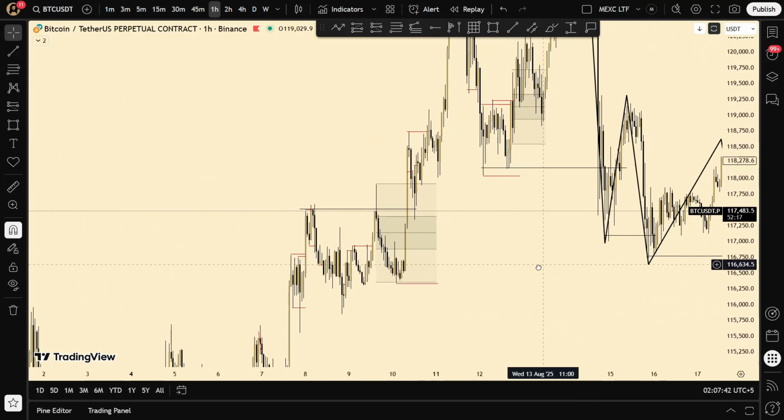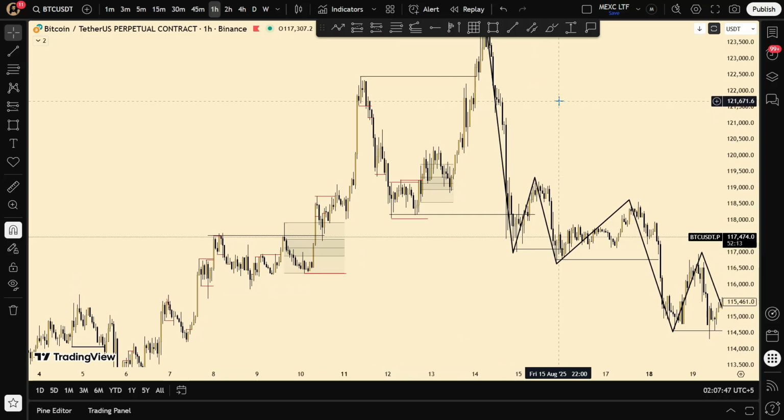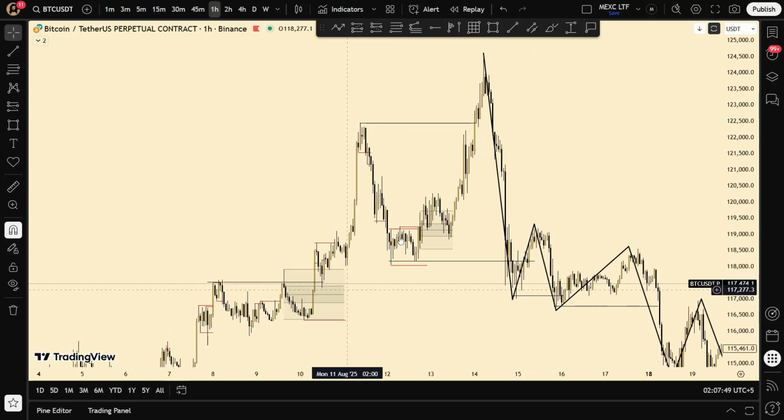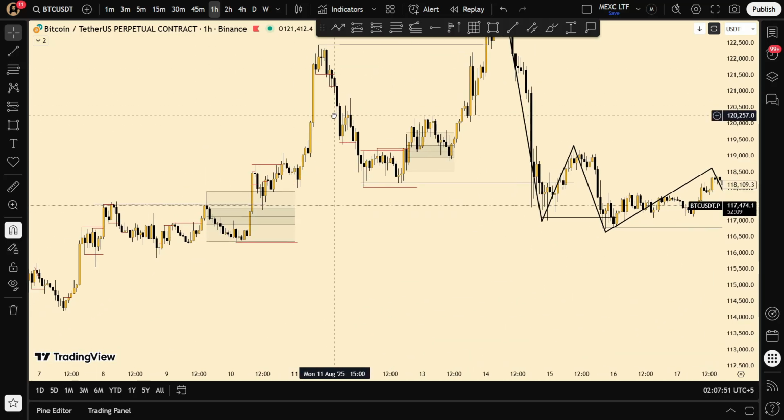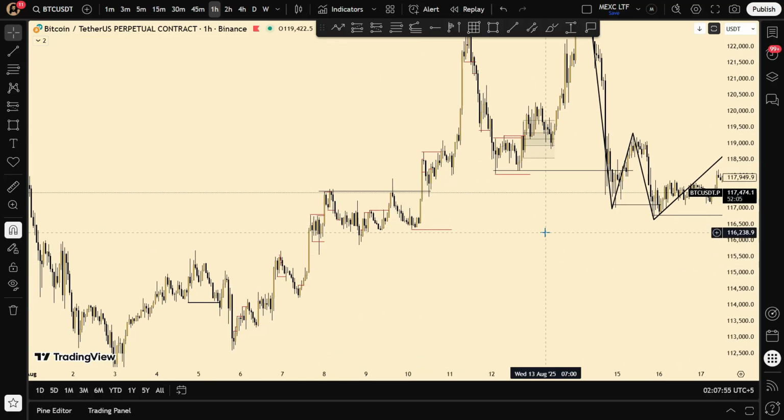goes back up, and well, it's just a lot of legs. And you guys probably now understand why I am teaching you this. It's not to trade this, it's to know whether the price has completed its objective of price delivery or not.